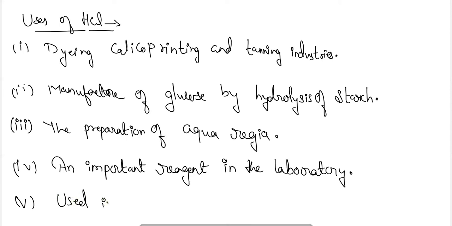It is also widely used in medicines. So these are the different uses of HCl. Now let's see the oxo acids of halogens.